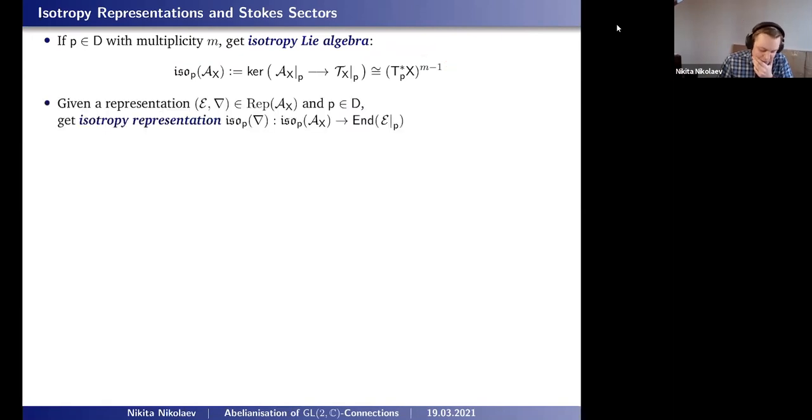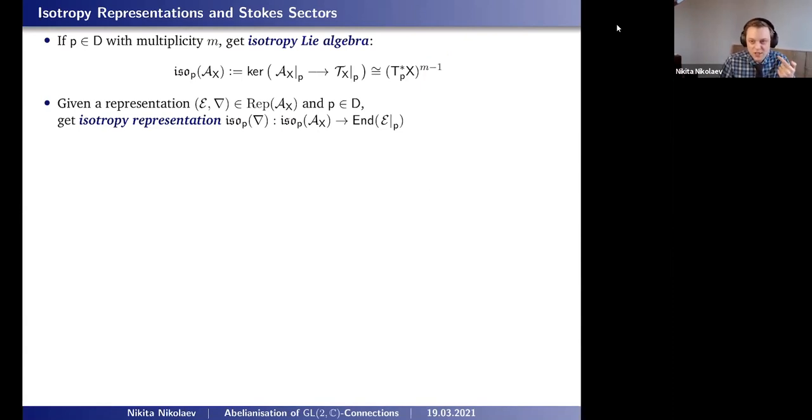Okay, so if I have a representation of this Lie algebroid, then I can look at the corresponding isotropy representation, which again is just restriction to the fiber.